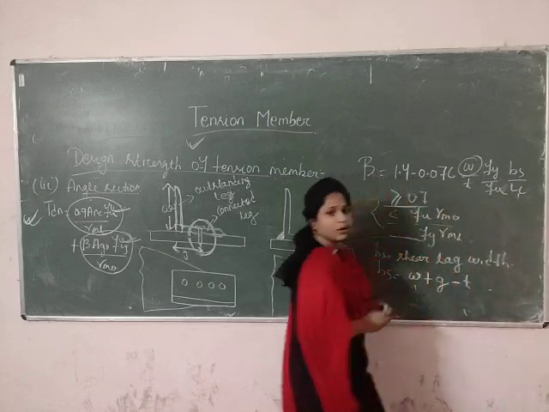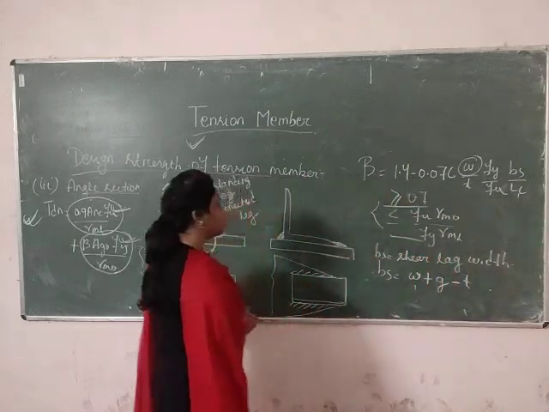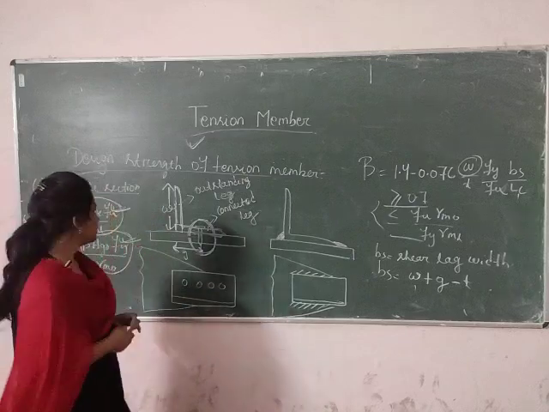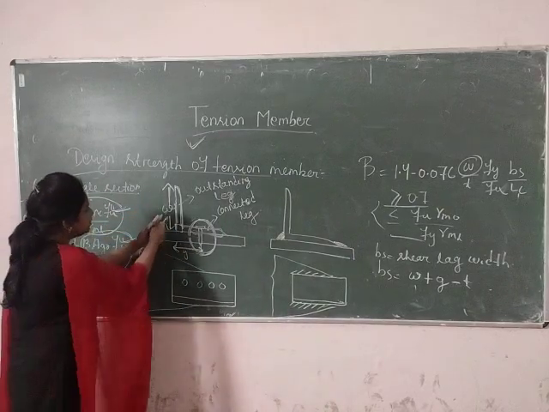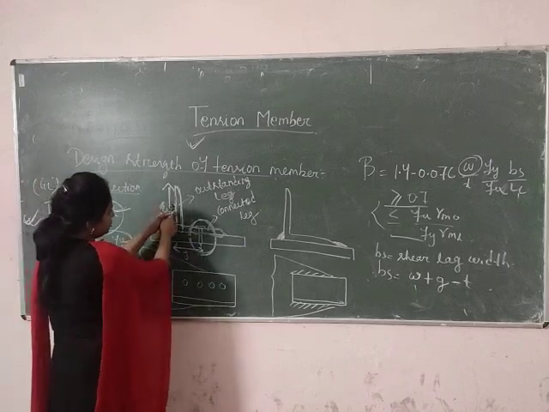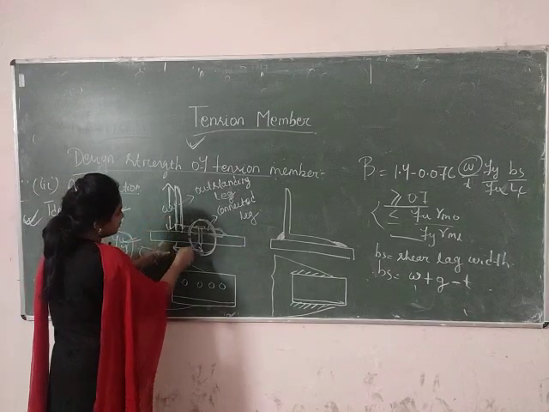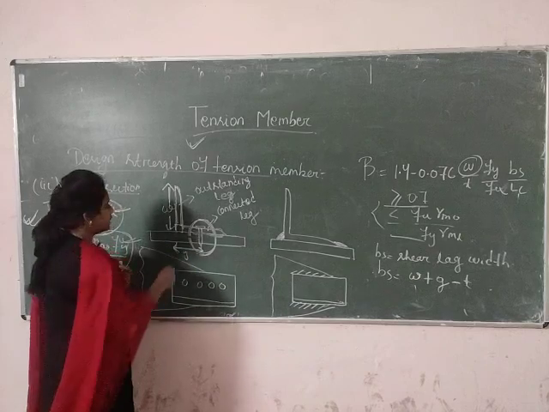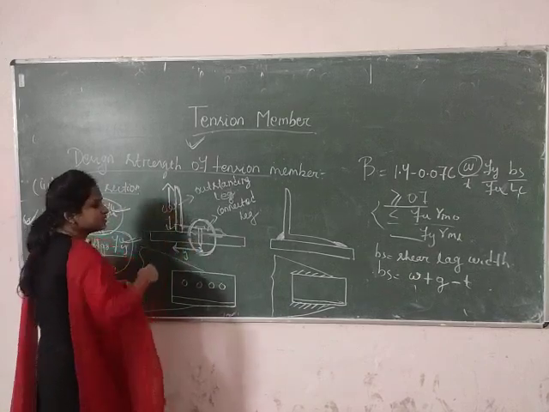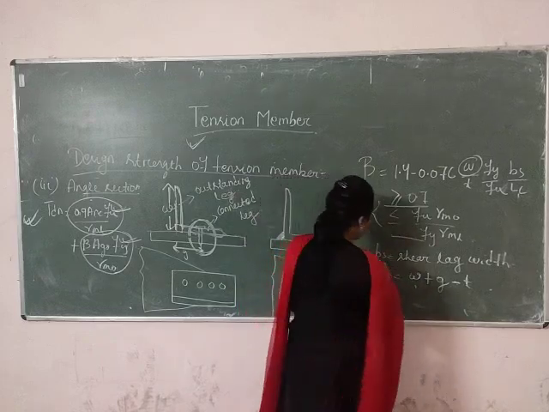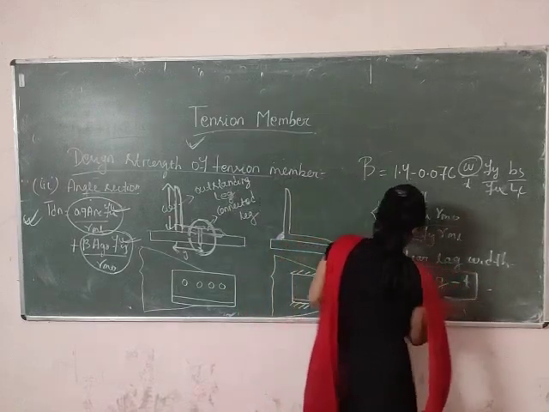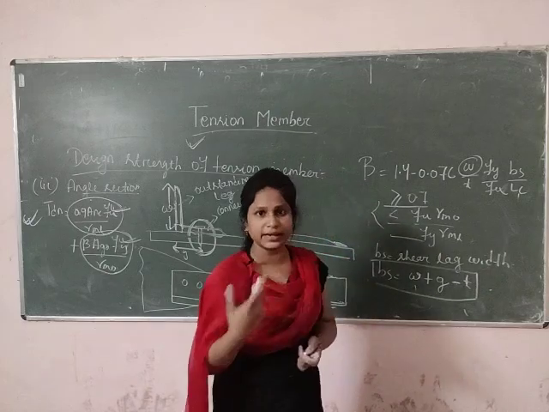Here W is the outstanding leg width and G is the gauge distance, that is the distance from the edge of the outstanding leg to the center of the bolt. So this part is facing the shear lag. This is applicable if the tension member is connected by a bolted connection.